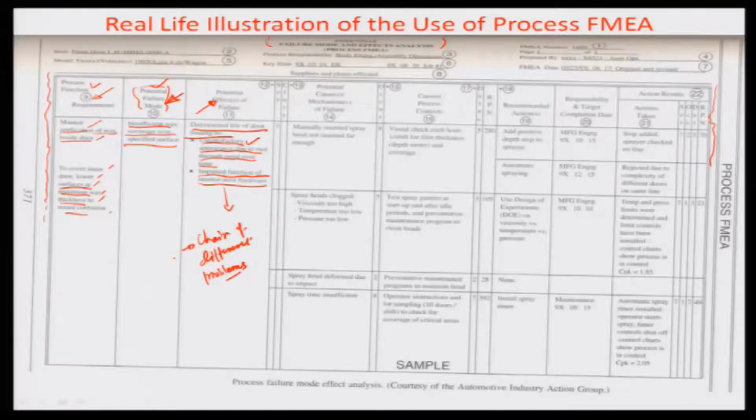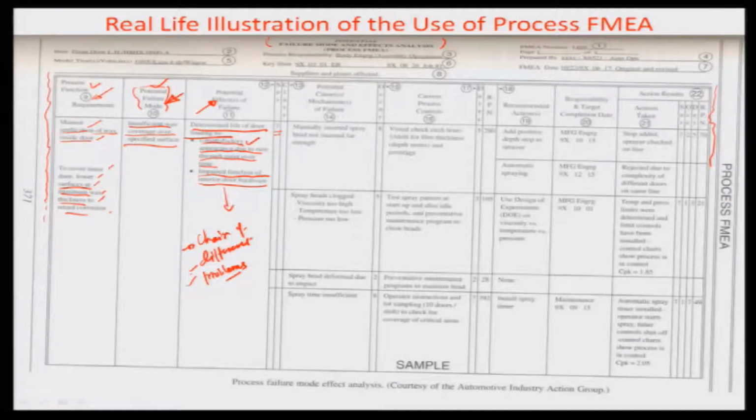So the severity of such a defect has been rated as 7, because obviously there is a chain of different problems which is associated with such a defect.